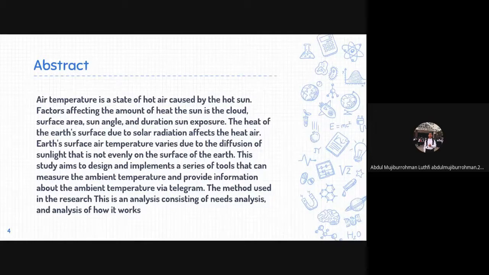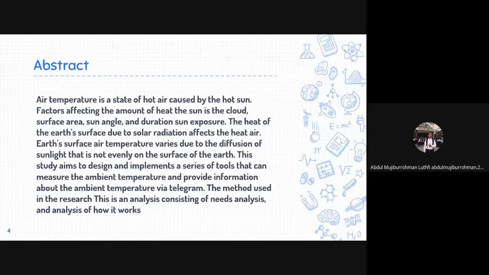Earth's surface air temperature varies due to the uneven diffusion of sunlight on the surface of the Earth. The study aimed to design and implement a series of tools that can measure the ambient temperature and provide information about the ambient temperature via Telegram.